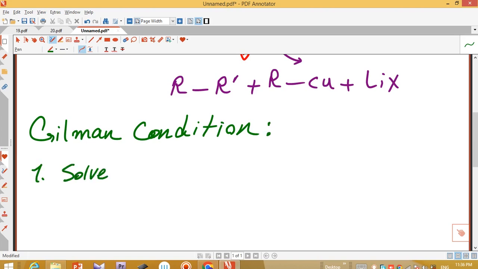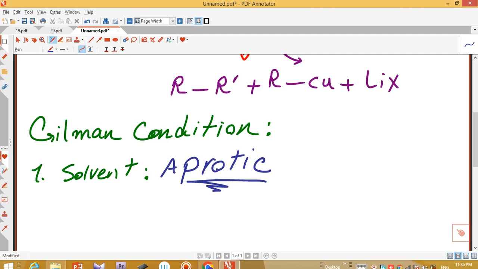The solvent in the Gilman reaction should be aprotic, my friends, because here we will have a carbanion, and that will attack R prime X. And if we have, for example, protic solvents such as water, this carbanion will get a proton of water or a proton of alcohols, and it will become RH.